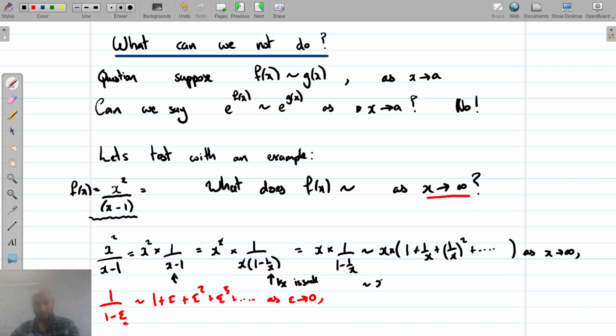So this twiddles x plus 1. If I multiply this through, we get x plus 1 plus 1 over x plus 1 over x squared, etc., as x tends to infinity.